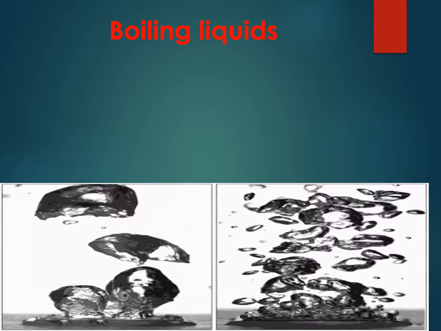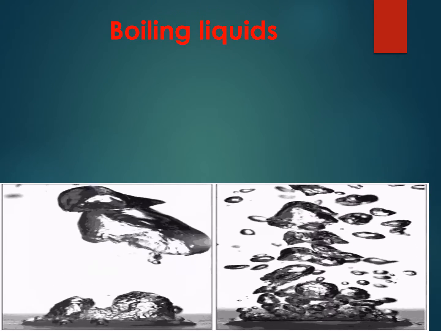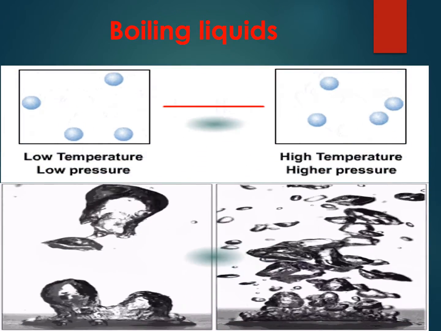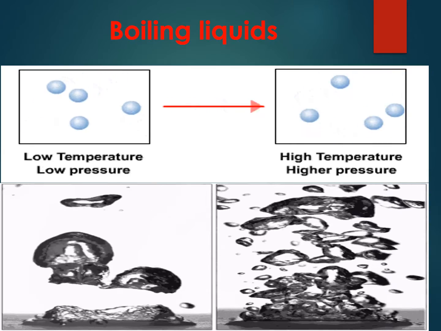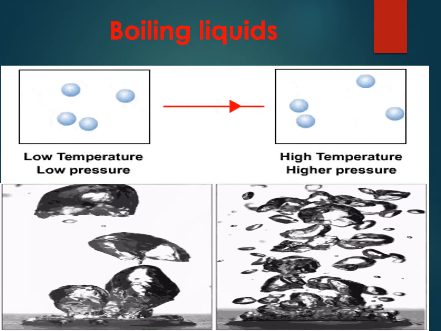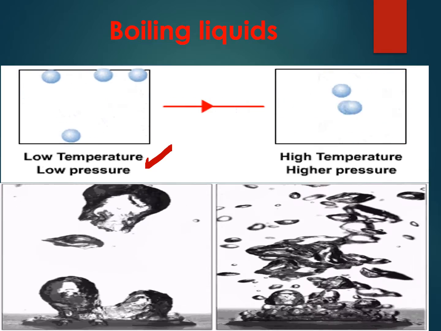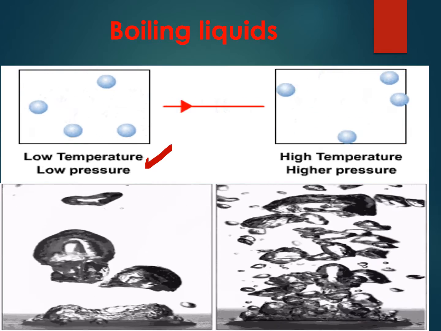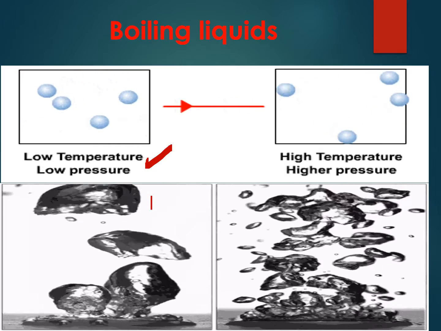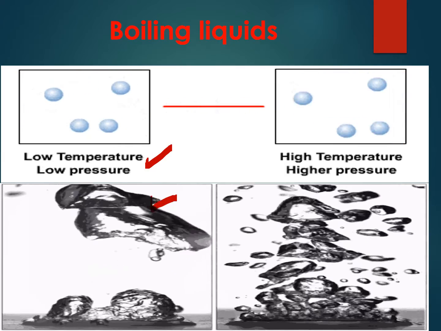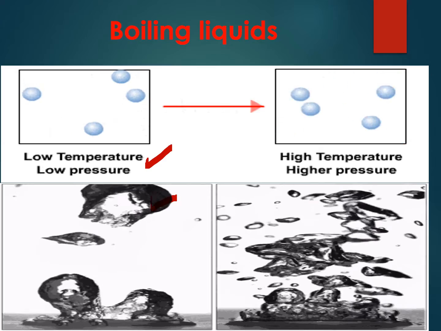Boiling liquids. As you can see in this picture, what is going on with the liquid particles? At the first one here, low temperature, low pressure, so the movement is very slow.